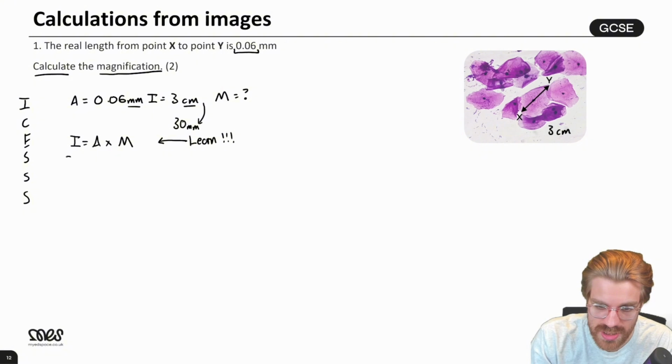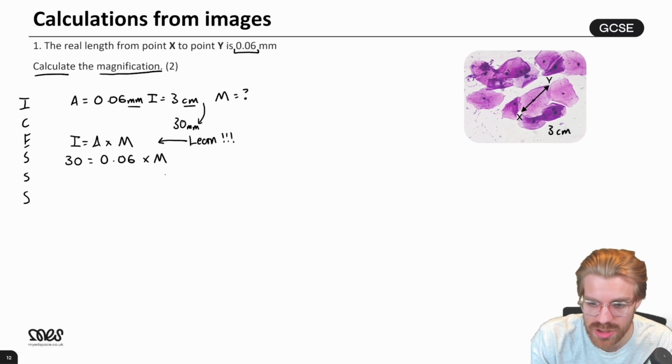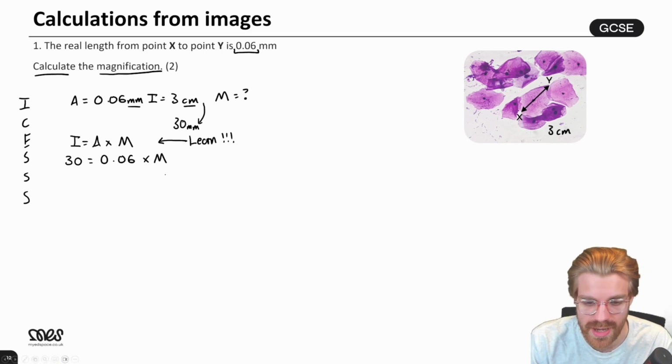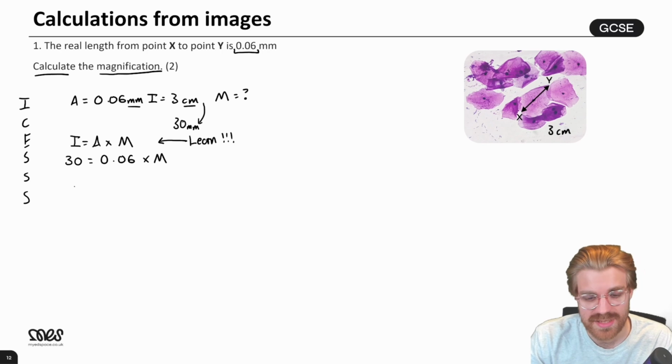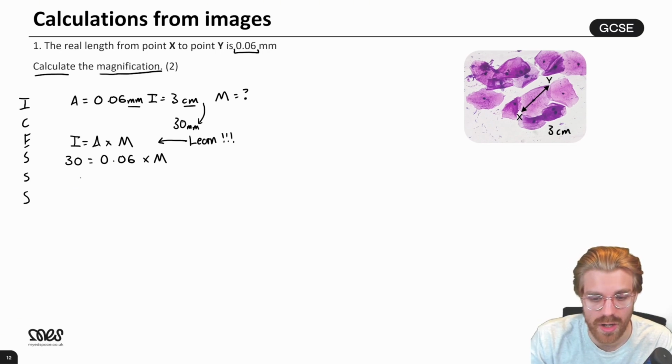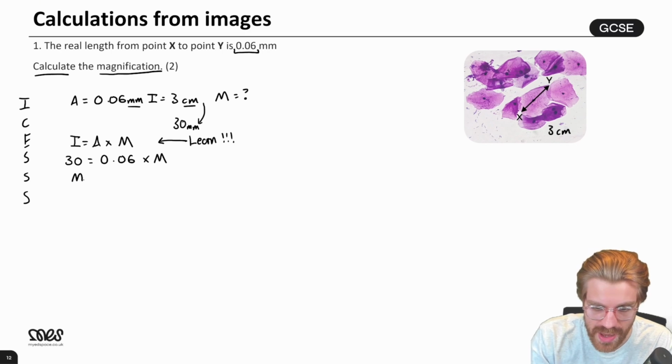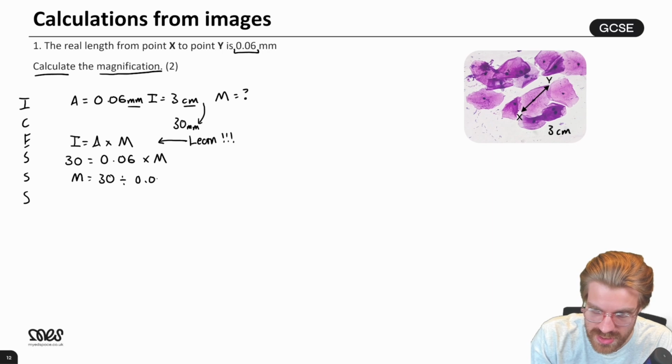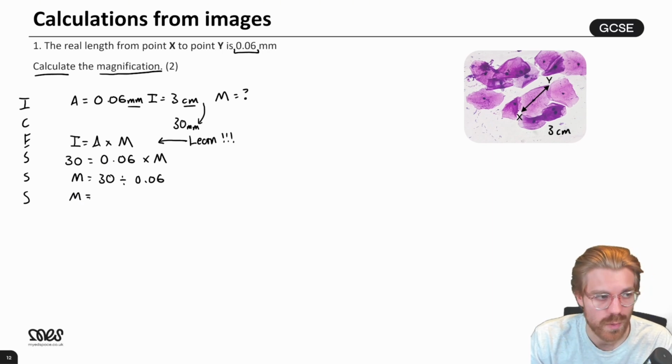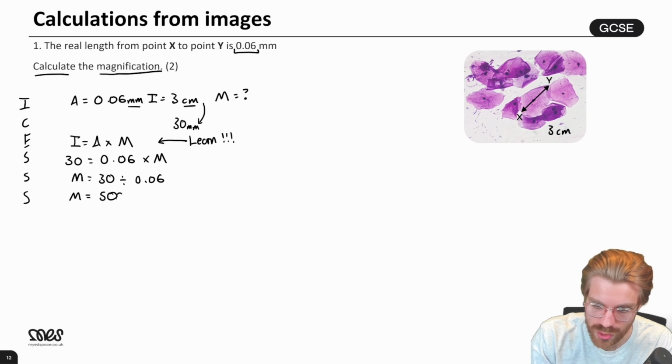So my image size is 30, my actual size is 0.06, and my magnification is just m because I don't know it yet. And then our second S is to solve our equation. So I'm going to divide both sides by 0.06. M equals 30 divided by 0.06. And then our final answer, we get 500.